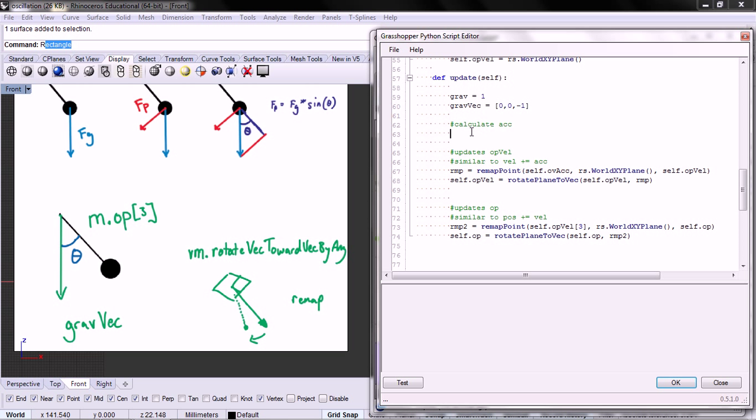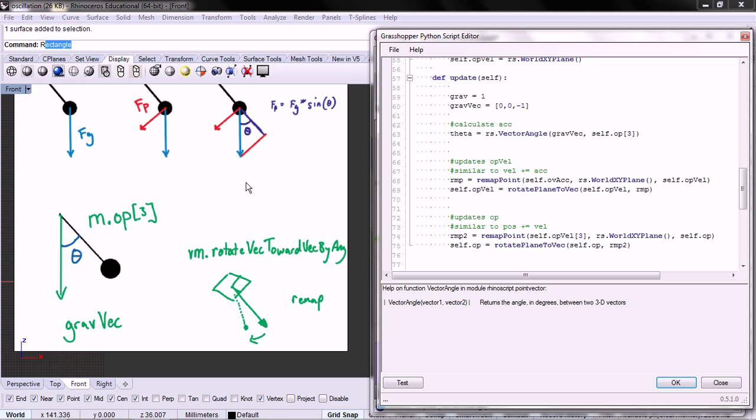First thing we want is theta, and we're going to get that by rs vector angle, gravity vector and self.orientation plane z-axis. And we're going to plug that theta into this equation up here.